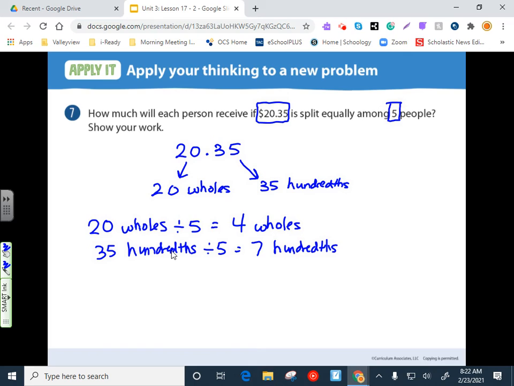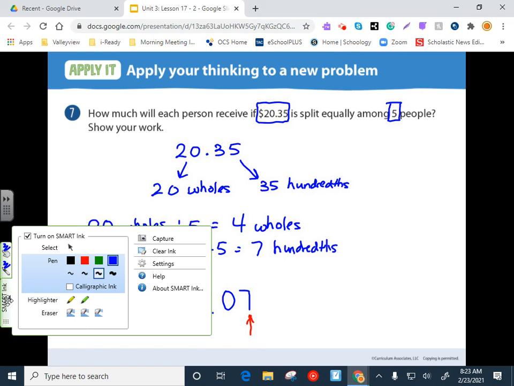So your final answer, 4 wholes, would be your $4, and 7 hundredths is written as 0.07 because the 7 has to be in the hundredth spot. It can't be 4.7 because that would be 70 cents. So 4.07. Let's try a couple more.